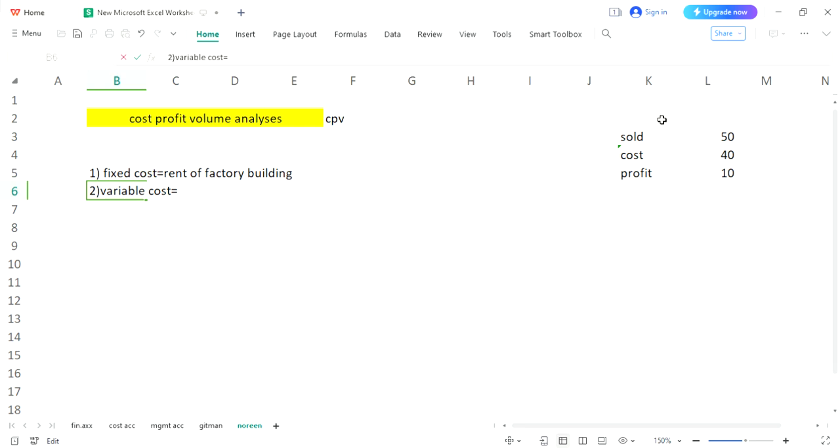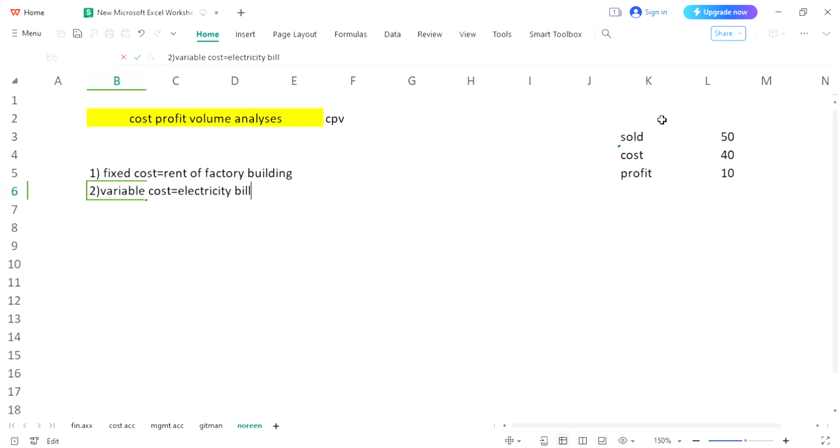And variable cost varies according to your level of production. The example which we have discussed was electricity bill. It means if you work for 10 days, the cost of electricity bill would be different as compared to working for 30 days. Obviously, when you are working for 10 days, electricity bill will be less as compared to when you are doing it for 30 days.